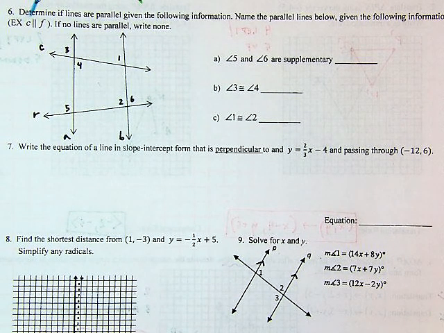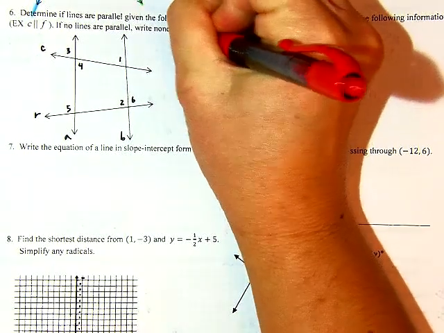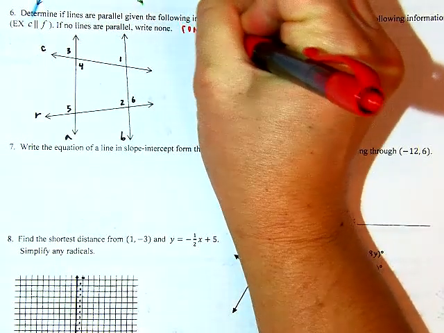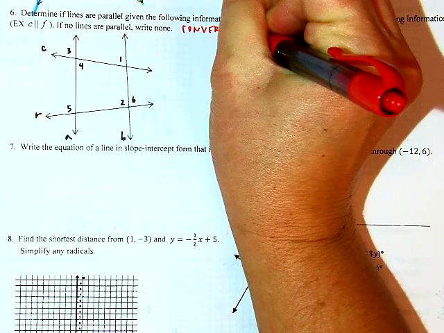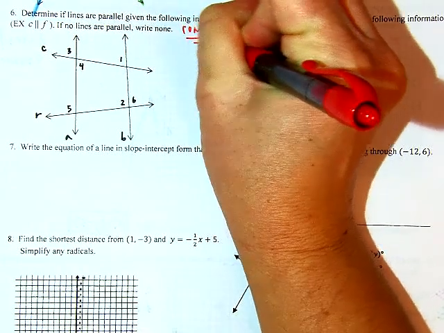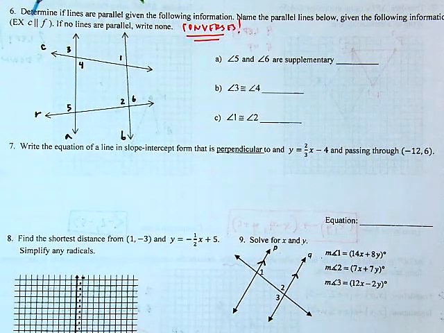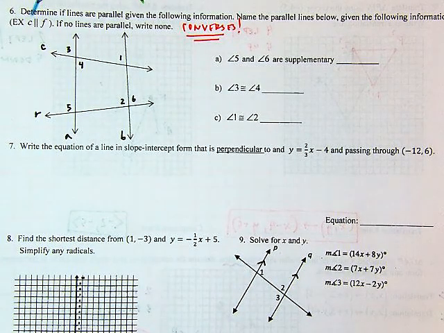That leads us to the lines being parallel. And since we're starting with an angle relationship and building towards the parallels, we know that these are going to be all converses. So let me write that here. They're going to be converses. The starting point is the angle relationship, and we're building towards the lines being parallel.